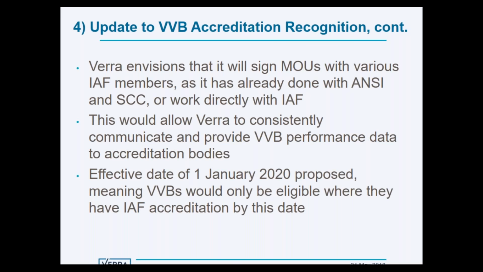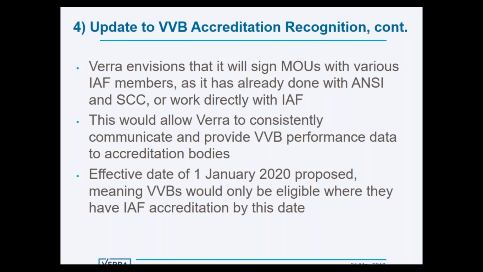And as many of you are aware, we already have such a relationship with ANSI, which is the American IAF member, and SCC, Standards Council of Canada, which is the Canadian IAF member. We also envision a potential to work directly with IAF, but essentially these are the different pathways that we would envision taking forward.